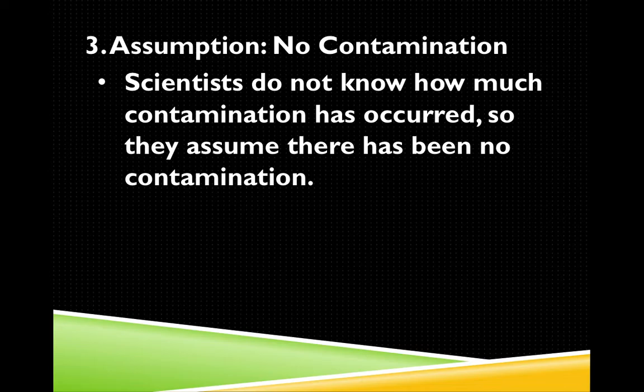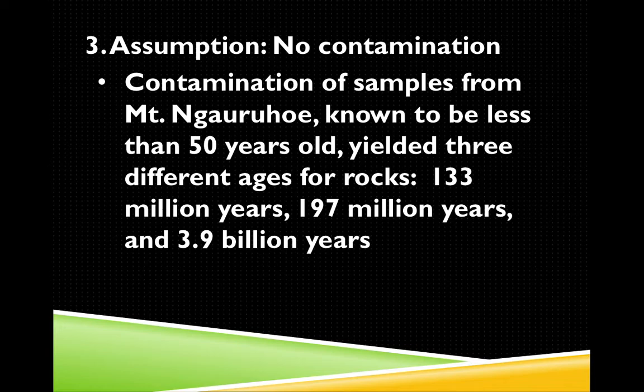You could have water coming from one area that might have a lot of lead in it and carrying it into the rock that we're testing, and that would impact the results of our test. Or maybe lead got washed out of the rock that we're looking at, and so that would impact the result as well. Okay?